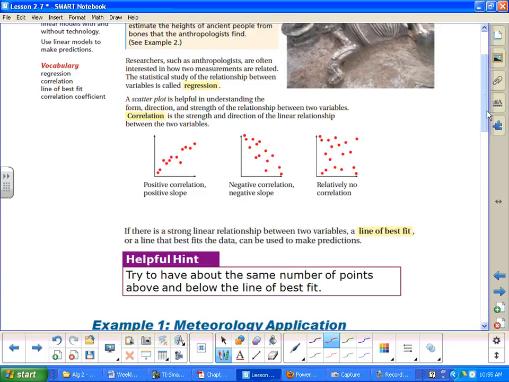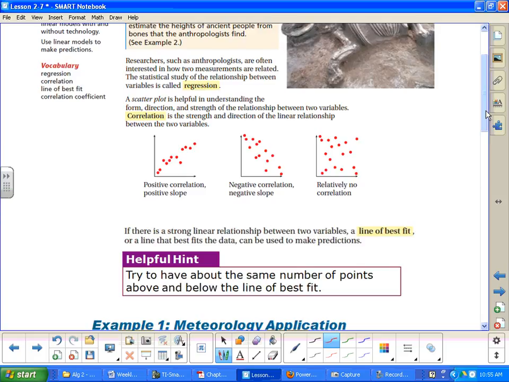Or it could have a negative correlation if the data goes down to the right. So if you have a positive slope with your data, you have a positive correlation. If you have a negative slope, you have a negative correlation. But the slope and the correlation are not the same numbers. Okay? And then if the points are just all over the place, then there's basically no correlation at all.